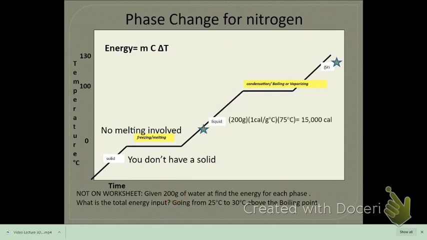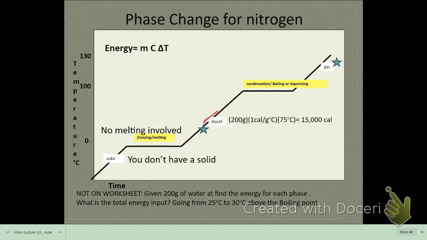And that is going to be 200 from my given. The specific heat of water is 1. You should already know from the chart, and you should know by heart. And then your delta T is 75 degrees. And so that is going to be, clear your calculator, 200 times 1 times 75, which is 1,500 calories.